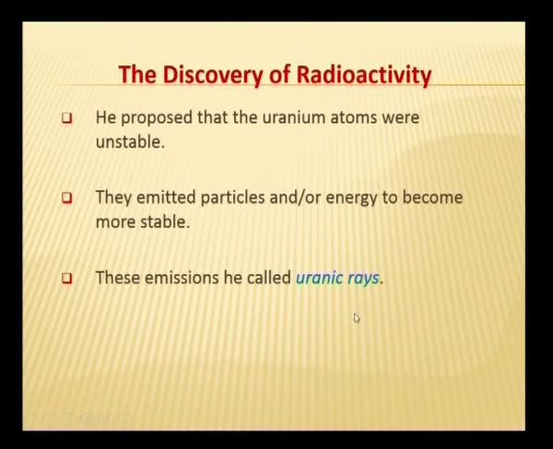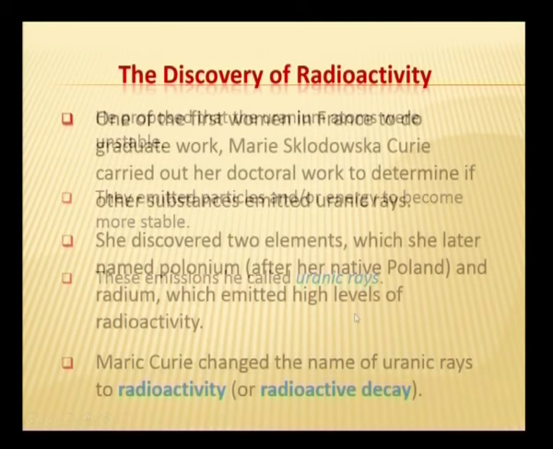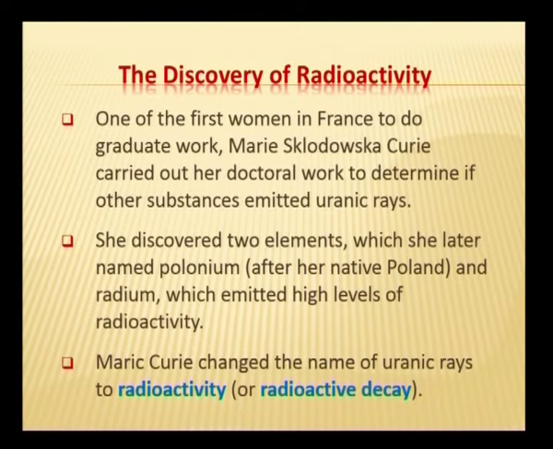These emissions Henry Becquerel called uranic rays, because they are coming from uranium. Later the name was changed by Madame Curie. The first woman in France to do graduate work, Marie Curie, carried out her doctoral work to determine if other substances emitted uranic rays.